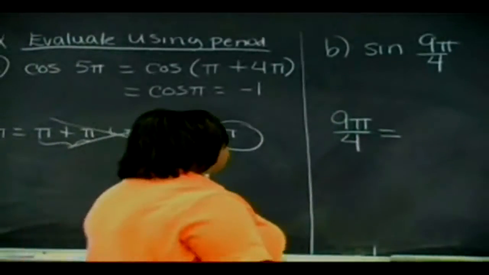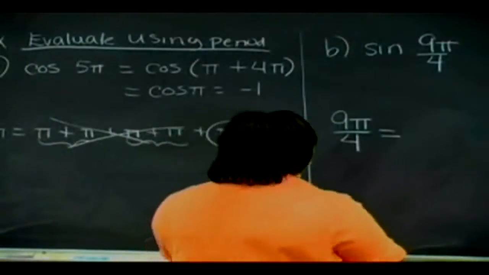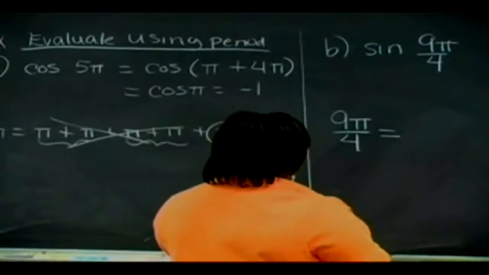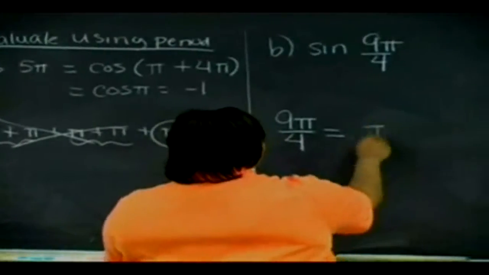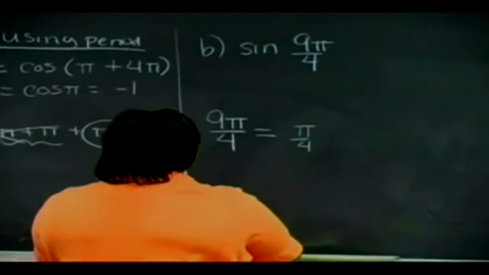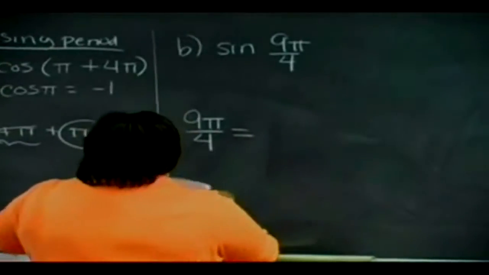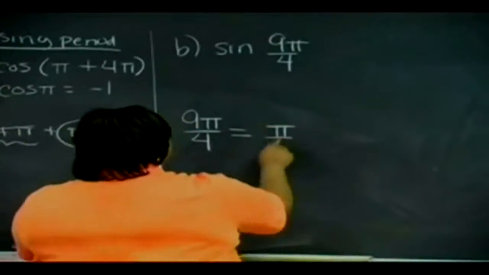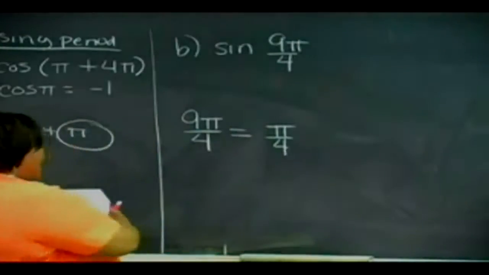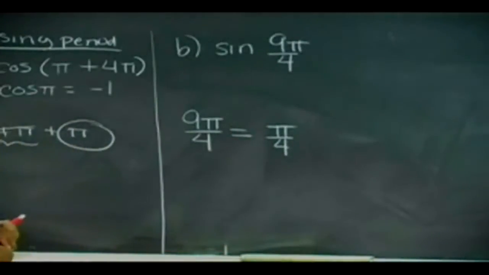We need something. Okay, so let's look at 9 pi over 4. If we take out pi over 4, well, no, you can't do that. Well, yes, you can. What can I add or subtract from that to give me 9 pi over 4? 8 pi over 4.